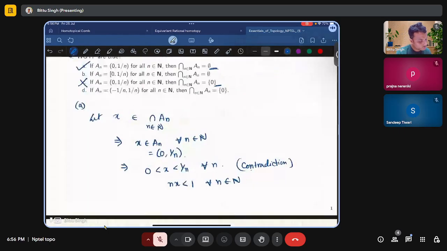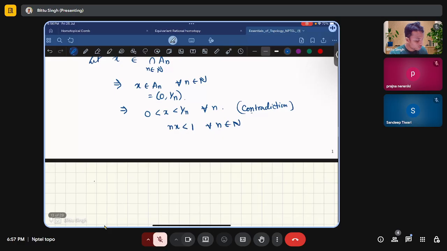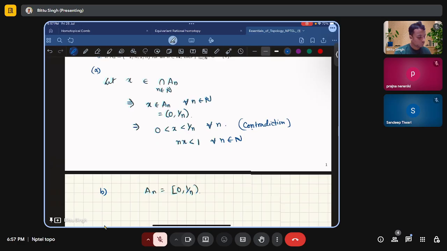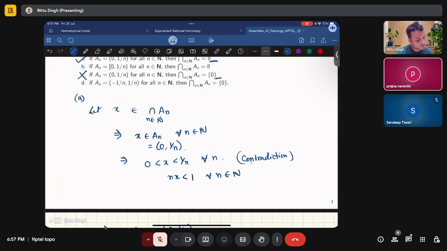Now what about option B? Here A_n is a closed interval. Now, can you say anything? It contains zero.